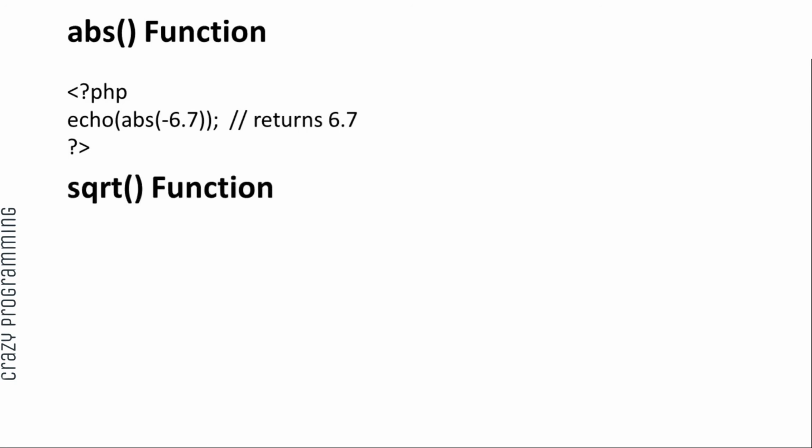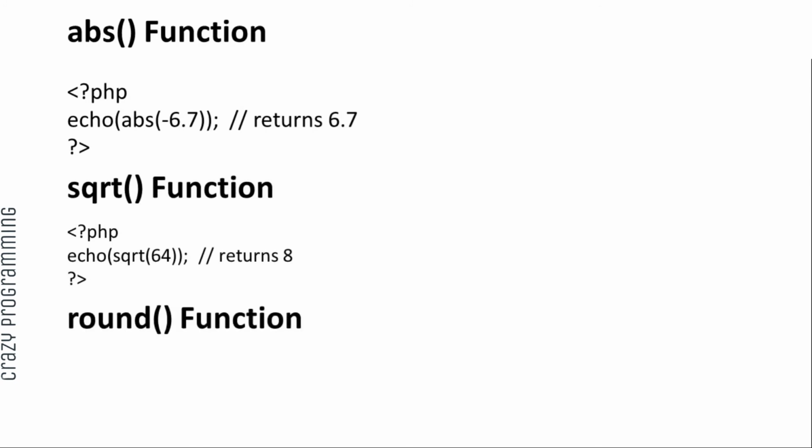Now the square root function. We have taken the example echo sqrt. Inside it I used 64, and it returns 8. We all know the square root of 64 is 8.